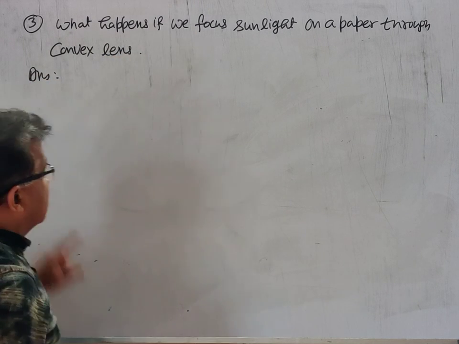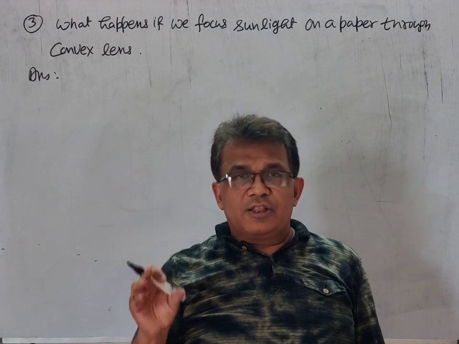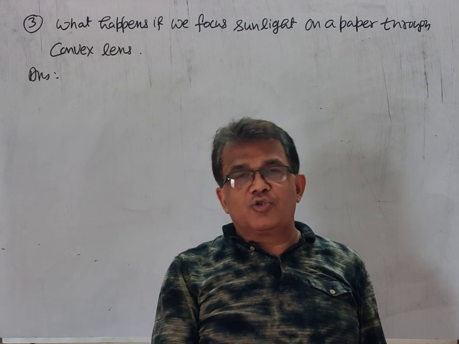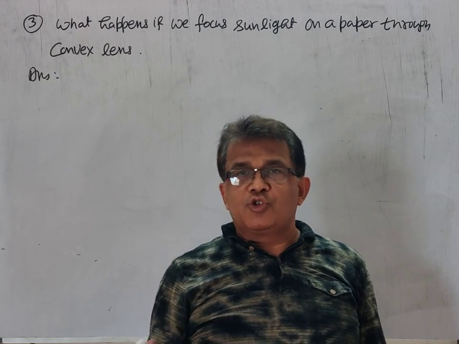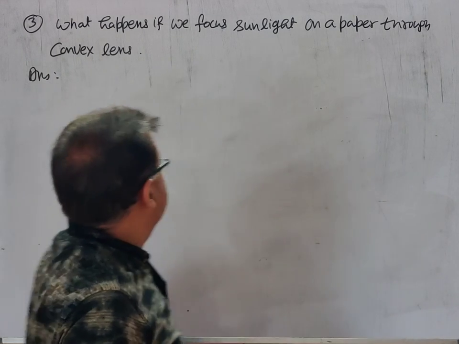The answer is that we know convex lens is a converging lens, therefore it converges all the rays falling on it to its focus, so that temperature will be high and paper start burning.